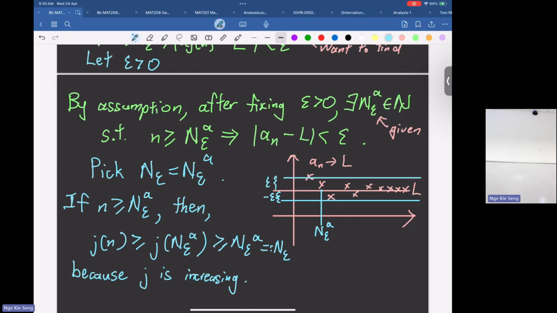What is an increasing function? Yesterday we introduced non-decreasing, right? So non-decreasing could be okay.